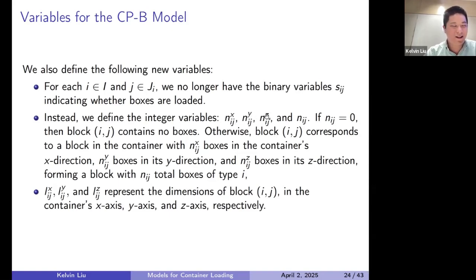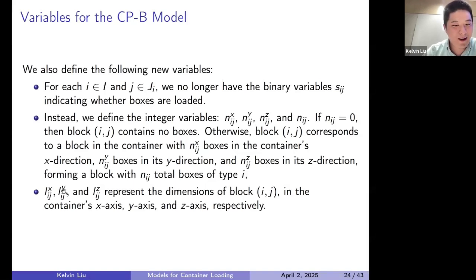Then nx, ny, nz tell us how many boxes there are in each of the 3 directions. So nx is the number of boxes in the x direction, ny is the number in the y direction, and nz is the number in the z direction.